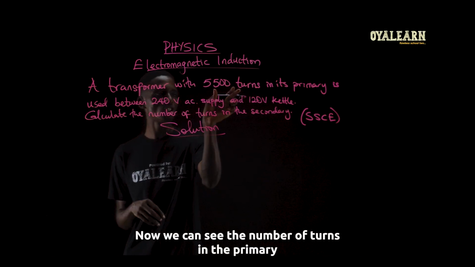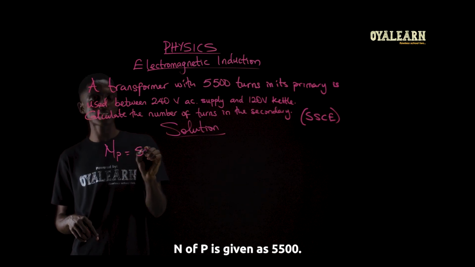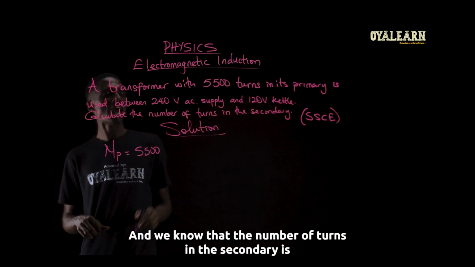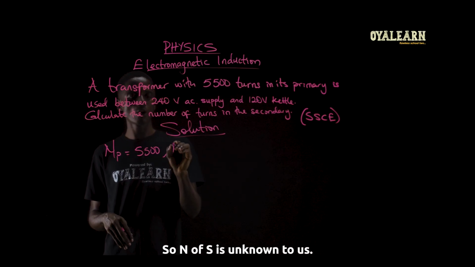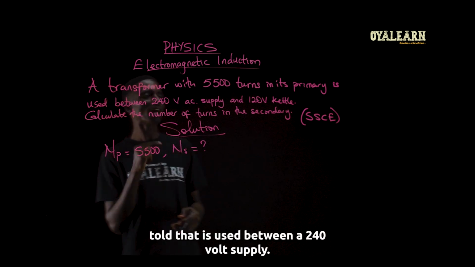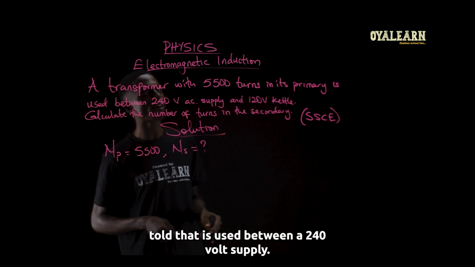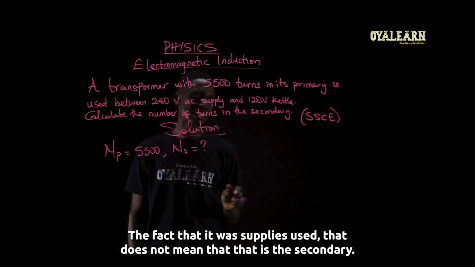Now we can see the number of turns in the primary, NP, is given as 5,500. And we know that the number of turns in the secondary is what we are asked to find. So NS is unknown to us yet. Now, we are told that it is used between a 240 volt supply. The fact that the word supply is used here does not mean that that is the secondary.